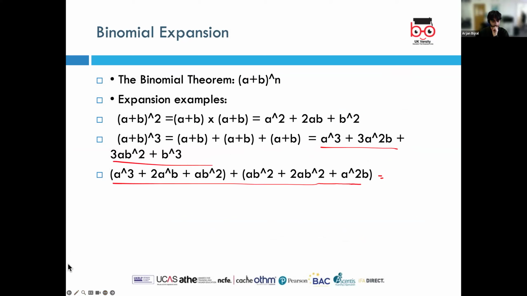If I look at this left bracket and this right bracket, do you see anything that's the same? The AB squared, this one and then this one. Correct. If I was adding those two together, what would I get?